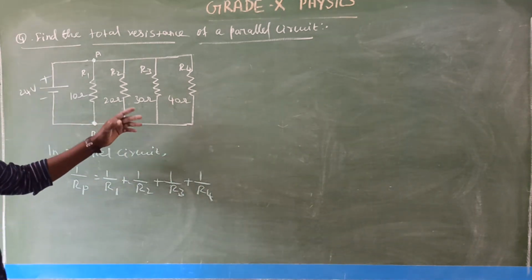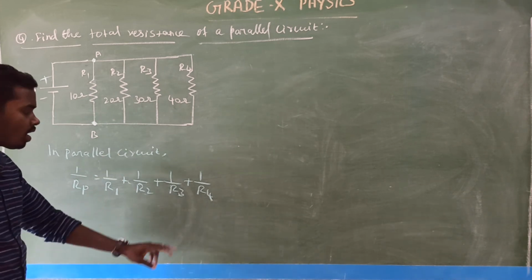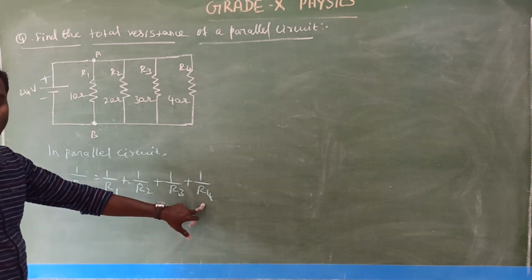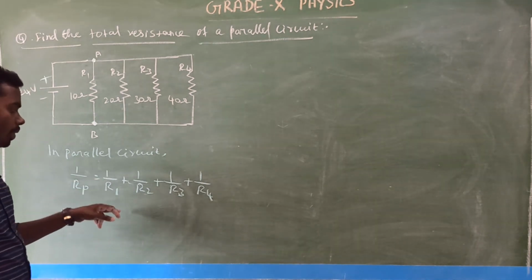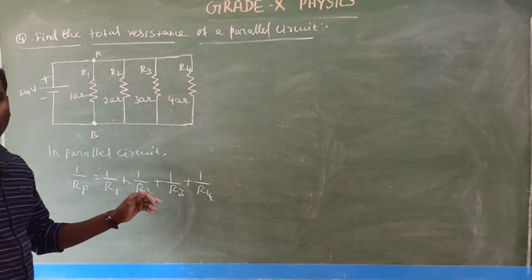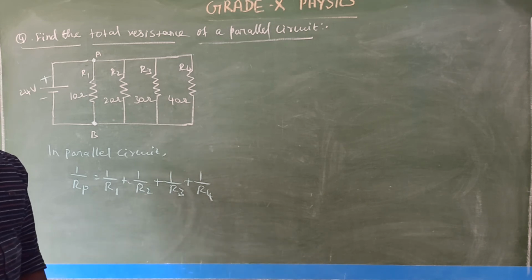But we have just 4 resistors. That is the reason why I have written up to R4. Very easy one.